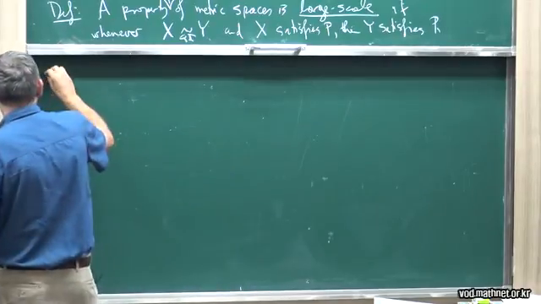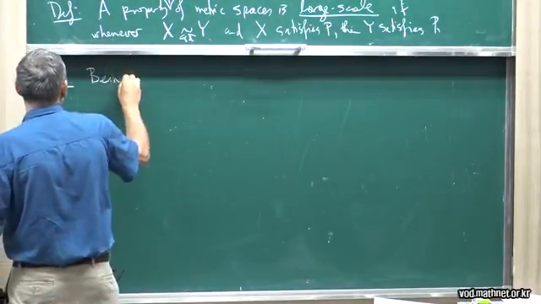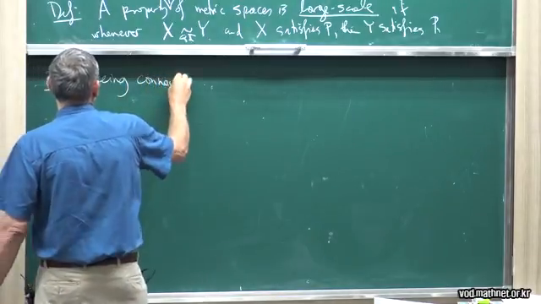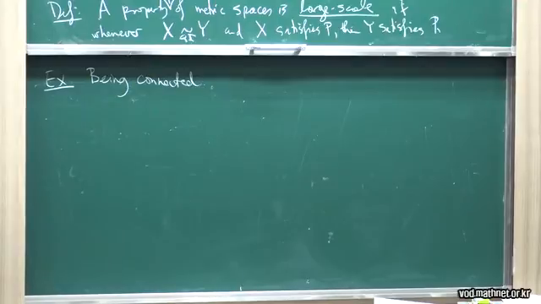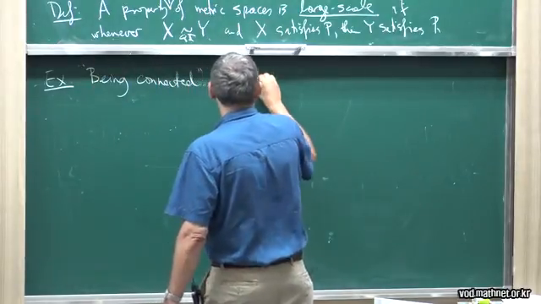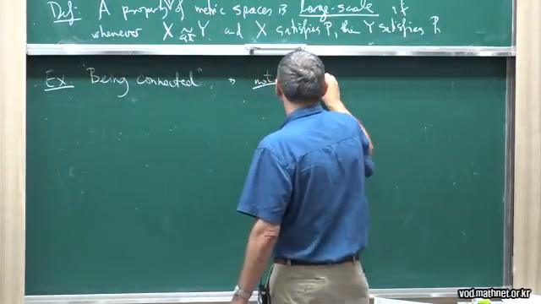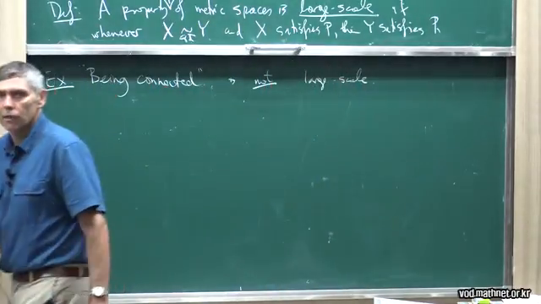Okay, example. Well, we'll start with the non-example. Being connected. So being connected is not a large-scale property. For example, Z is not connected and R is. Okay, so this is not large-scale. However, the idea of connectivity can be made into a large-scale property.